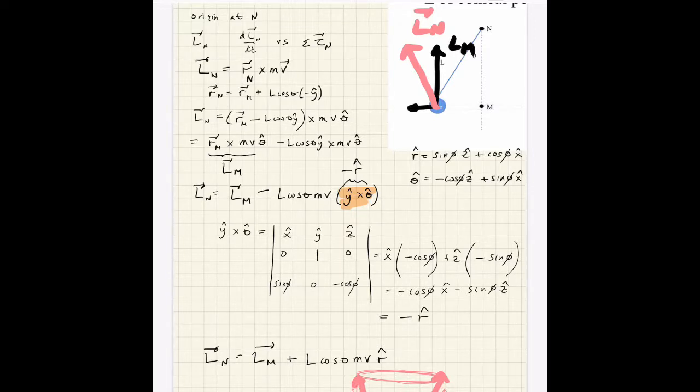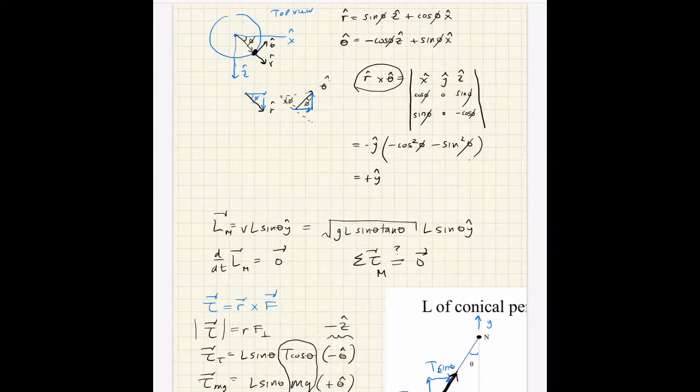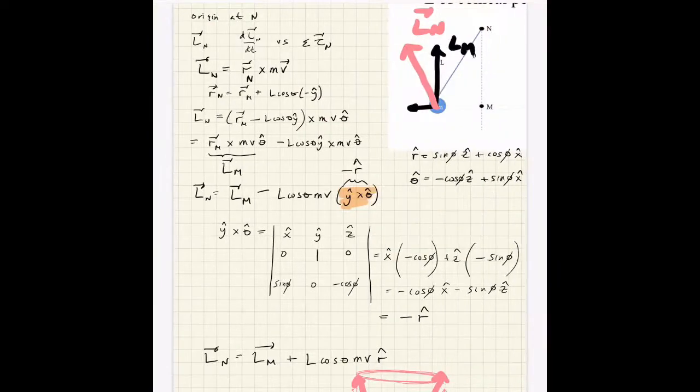So I guess I should write out what L sub m was before. VL sine theta in the y hat. Remember, it was just constant. So this constant term is in here, but this non-constant term that changes with the r hat is in here too.